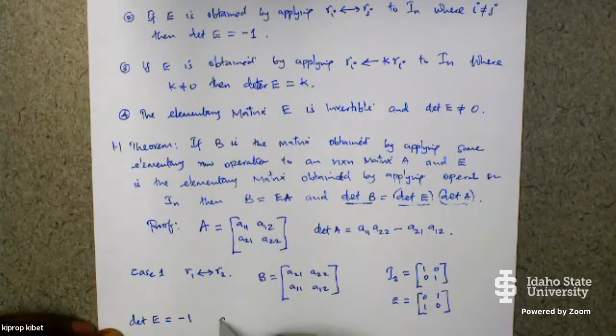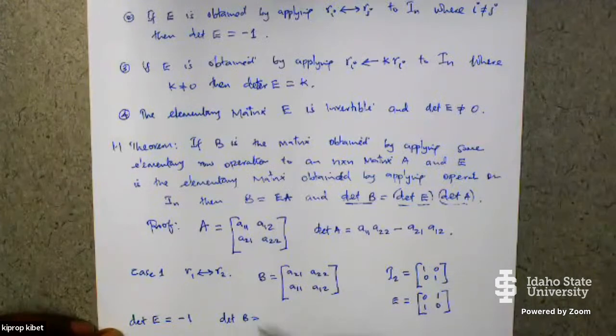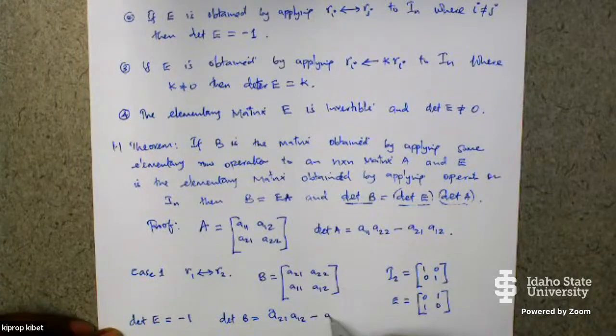Now, what will be our determinant of B? It is equal to A21, A12 minus A11, A22.